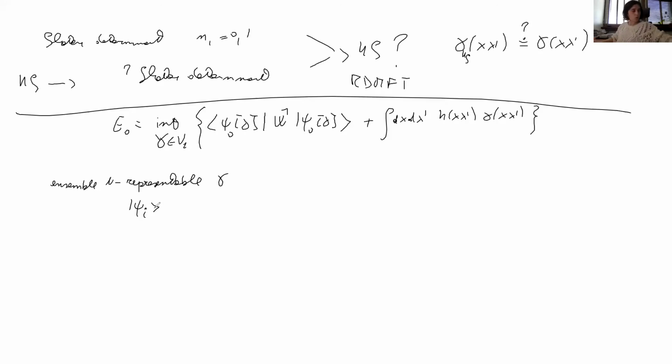We didn't call it a pure state so far because we didn't need to define mixed states. Now we will call them pure states to make a difference with the so-called mixed states. So gamma is ensemble N-representable if we have a set of pure states with a set of weights such that these weights sum to 1, so that we can express our gamma (x, x prime) in this way.